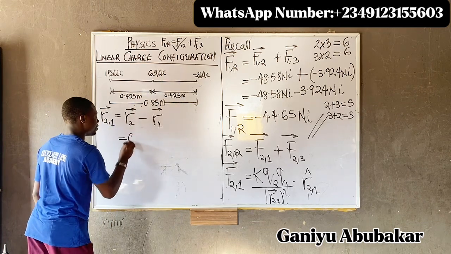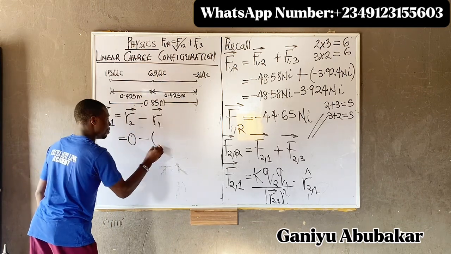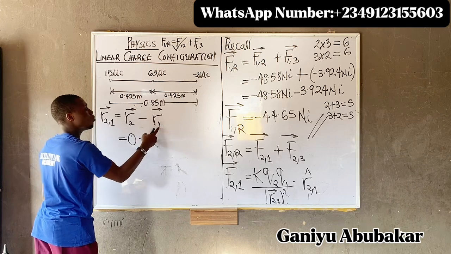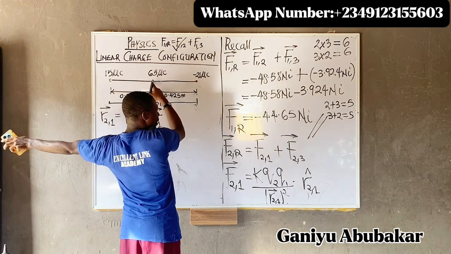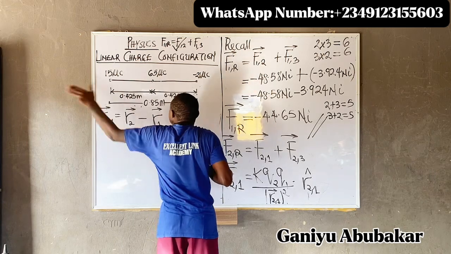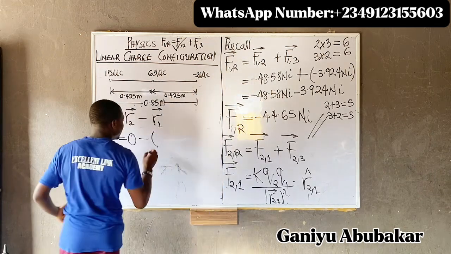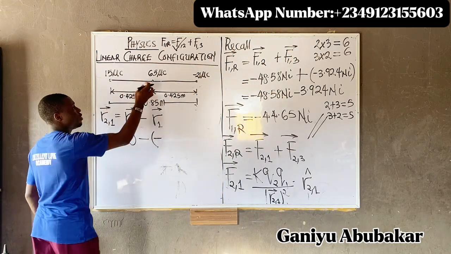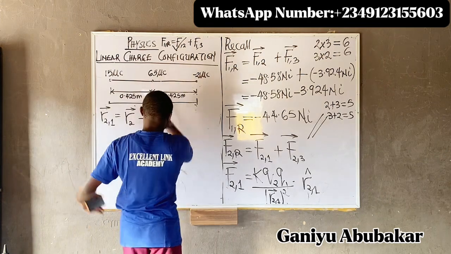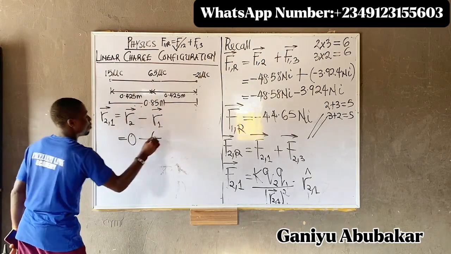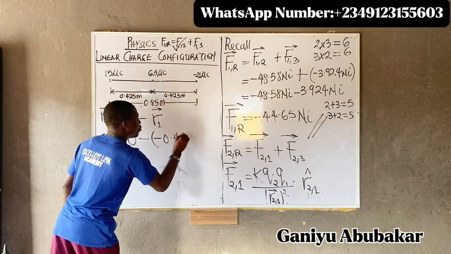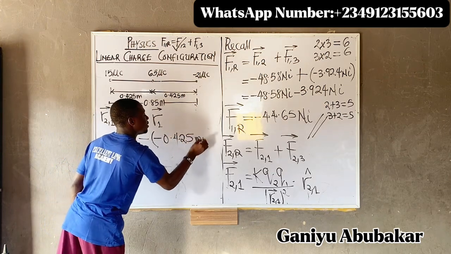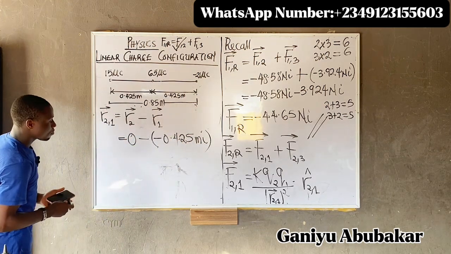So R2 is 0 minus, in bracket, what's R1? R1 is here. So I'm moving what? In a backward way. That becomes what? Negative of x. That will give me negative. Why? I'm moving in a left direction. Negative of what? What's the value here? Minus 0.425 meters high.